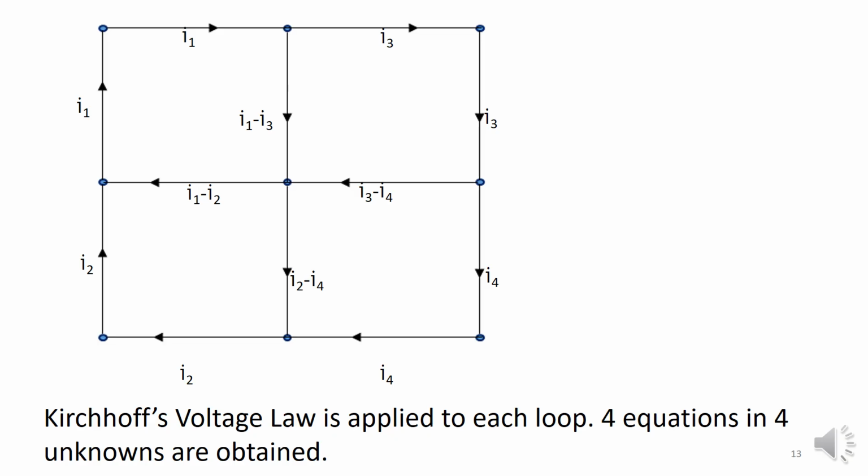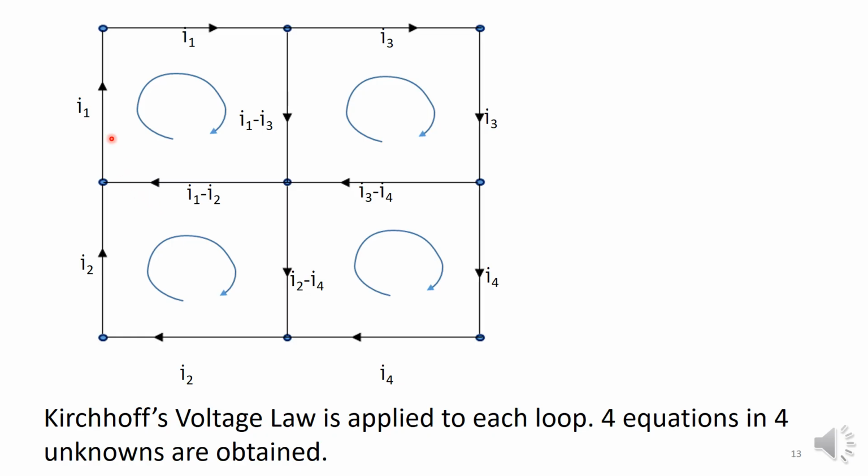This is the situation we arrived at in the last slide. For each loop, we obtain the contribution of the loop current to the branches around it, and these are the currents we obtained in terms of I1, I2, I3, I4. In the method of loop currents, Kirchhoff's voltage law is applied to each loop. So we will obtain 4 equations in 4 unknowns.